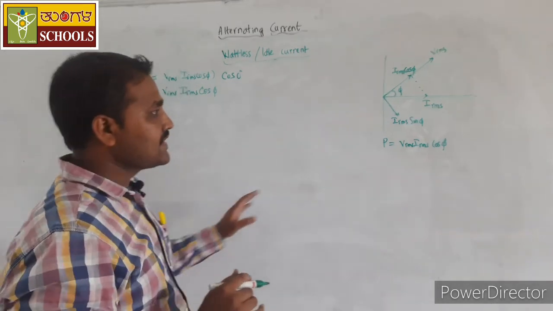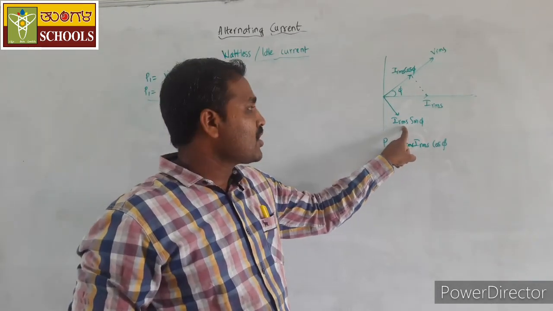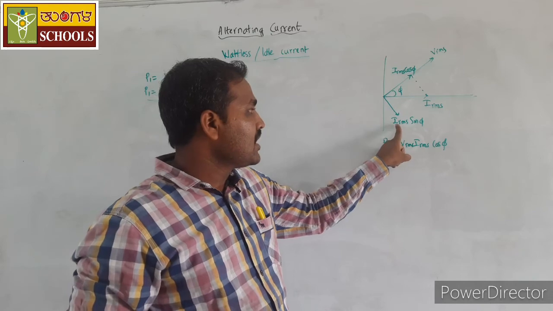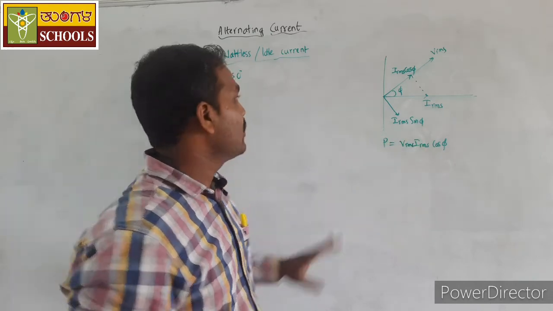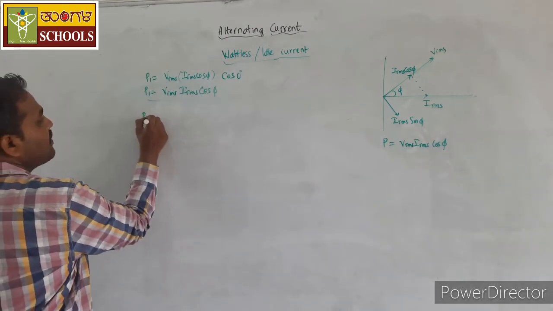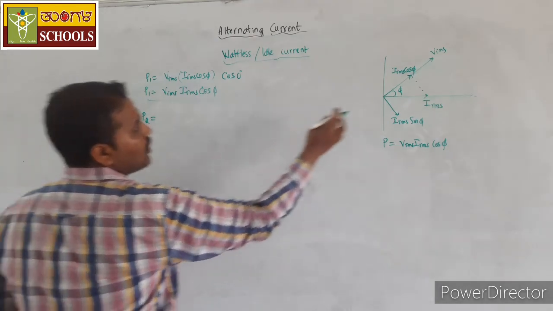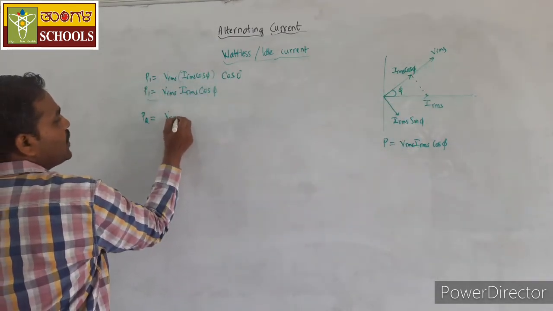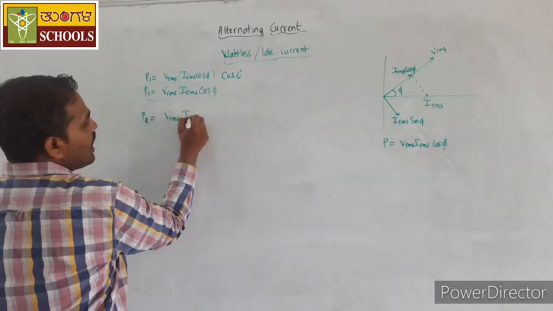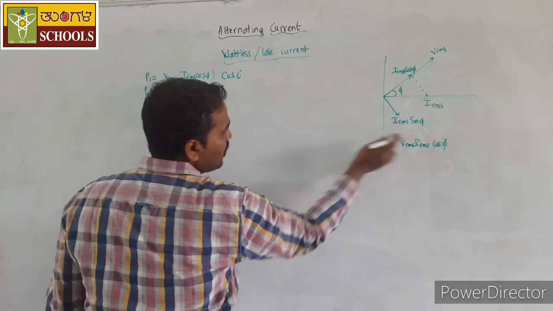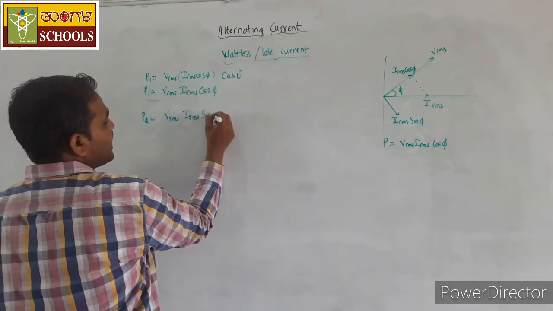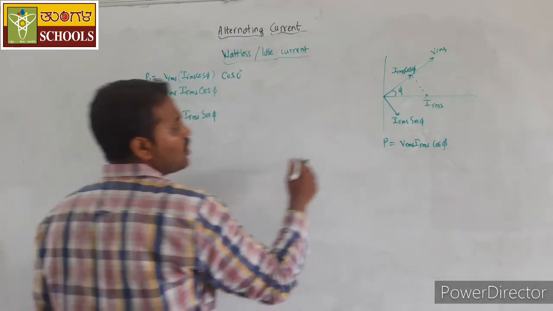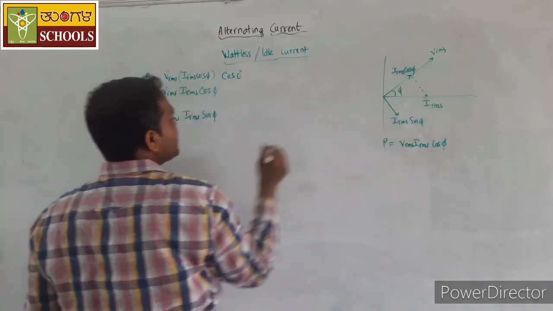Next we shall see what is the power consumed because of the perpendicular component IRMS sin phi. I will write it as P2 is equal to what? Voltage into current component, that is VRMS into IRMS sin phi, into cos of the angle between these two, which is 90 degrees.